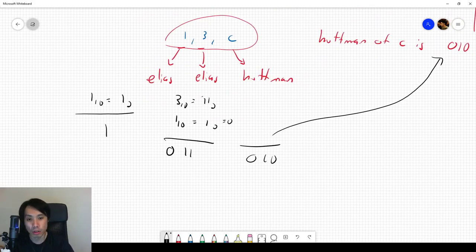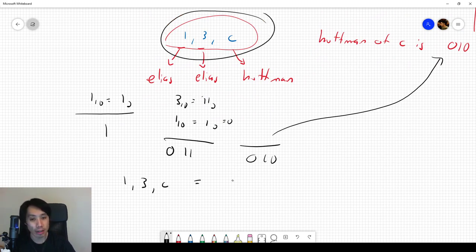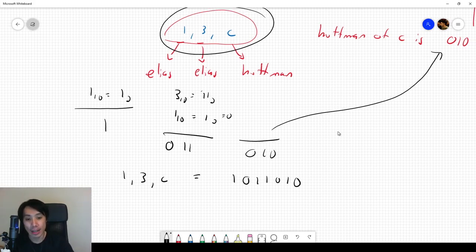Okay, so to encode 1, 3, C, how I encode it will be 1, 0, 1, 1, 0, 1, 0.